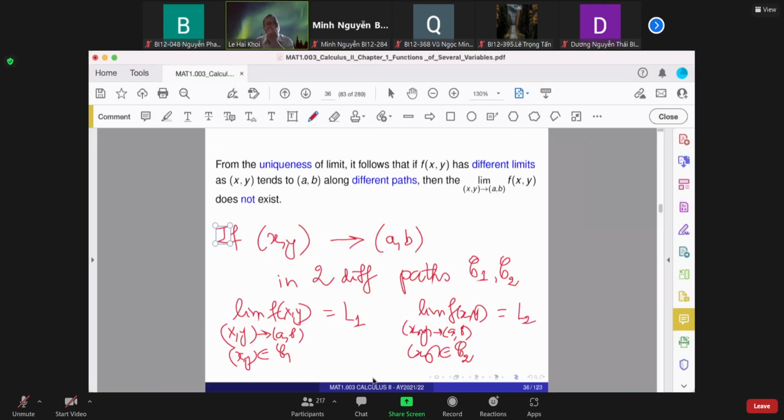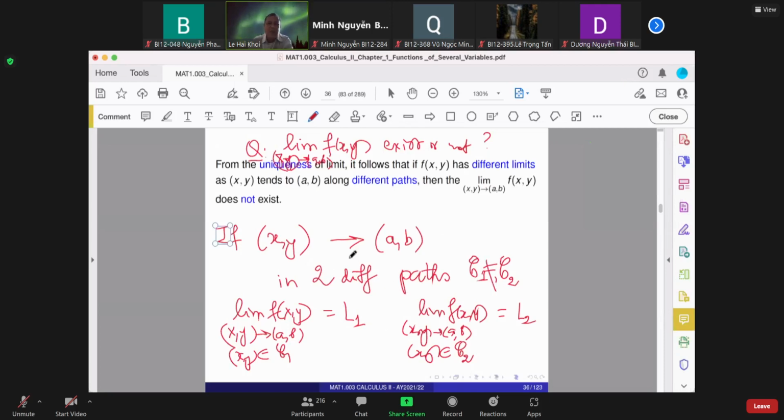Right? Now you see, our purpose is to determine whether this limit as (x, y) tends to (a, b) exists or not. That's the question, right? And suppose you have two different paths, C1 and C2.